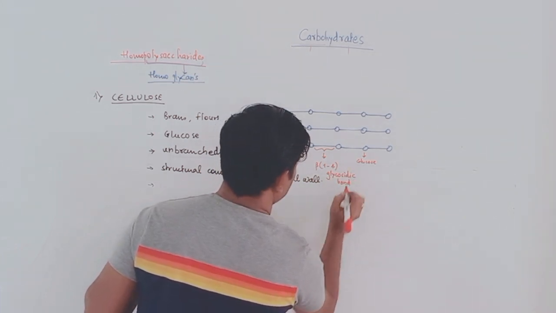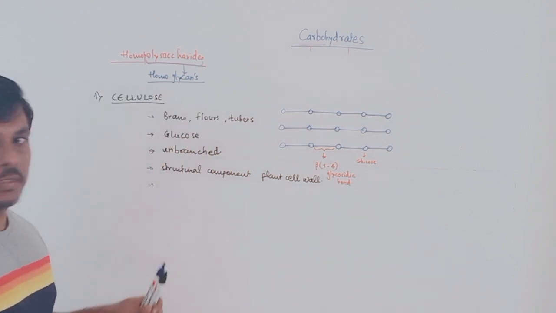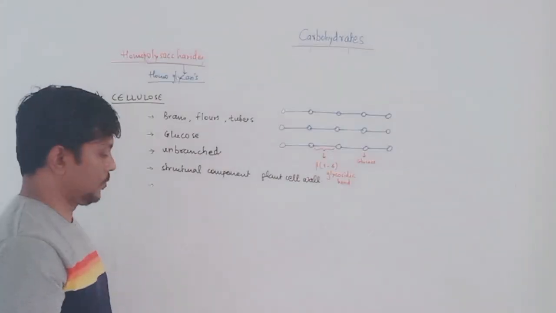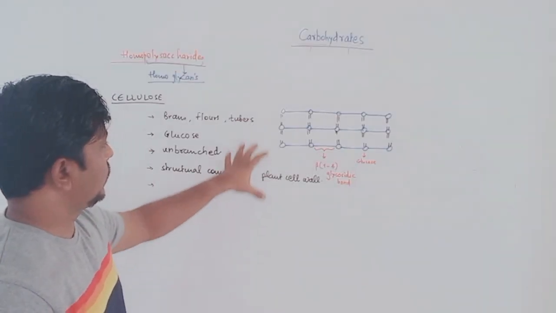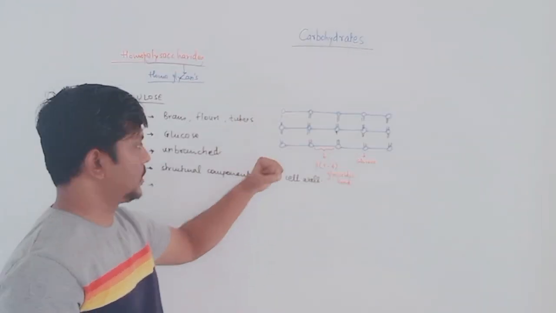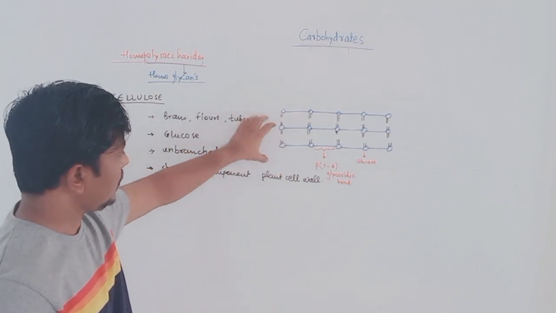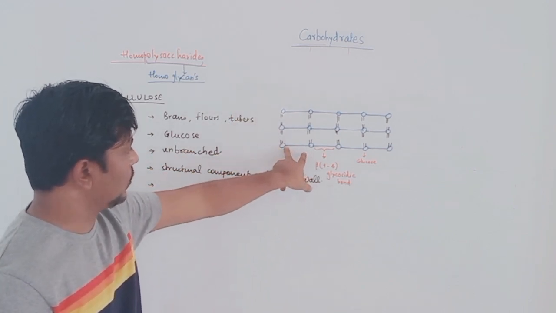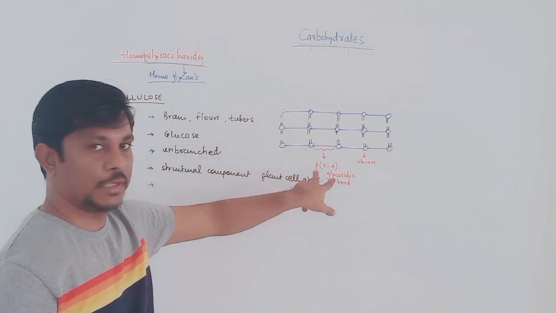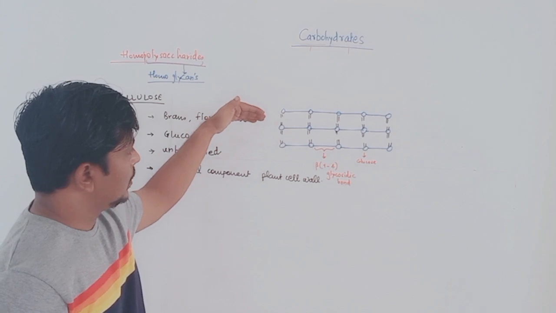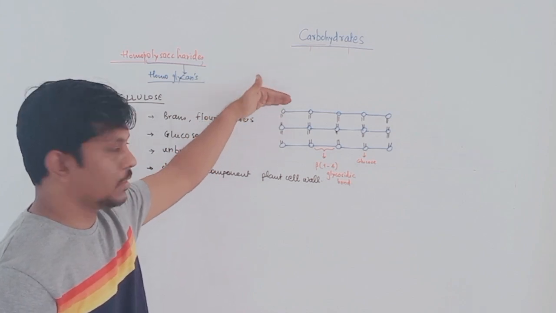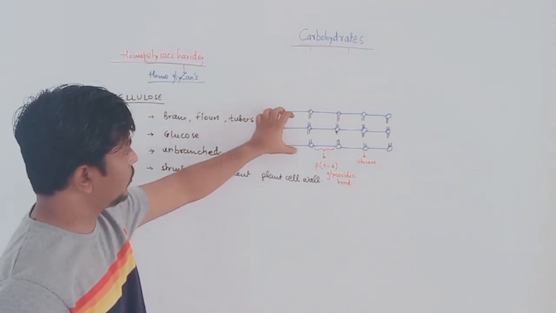So the main bond present between two consecutive glucose molecules is the beta 1,4 glycosidic bond. There is a formation of compact structure here. The adjacent glucose molecules are linked with the beta 1,4 glycosidic bond, and they are stacked over each other with the help of hydrogen bonds between them.